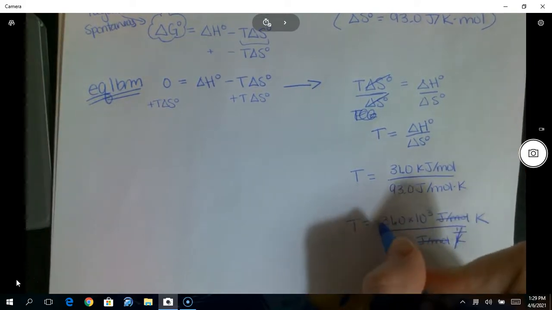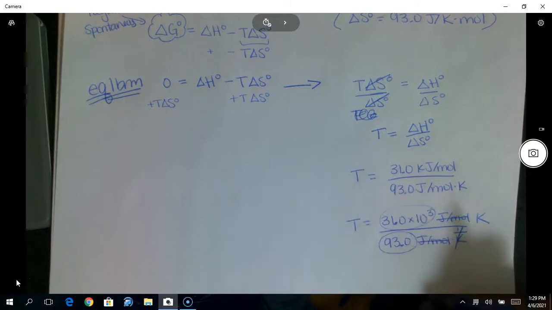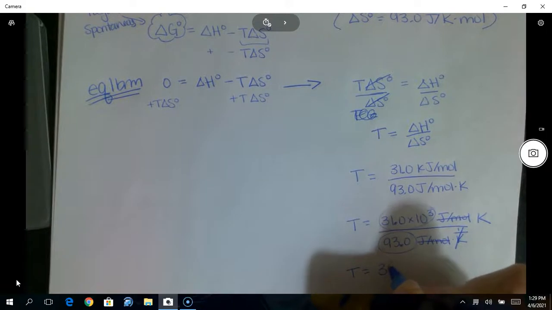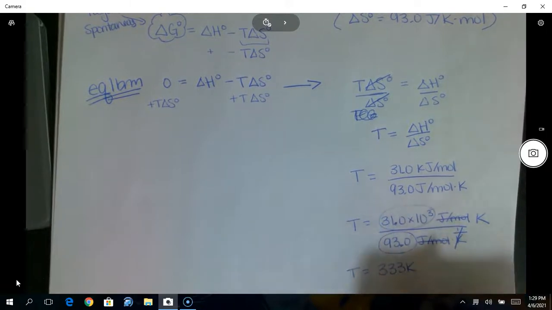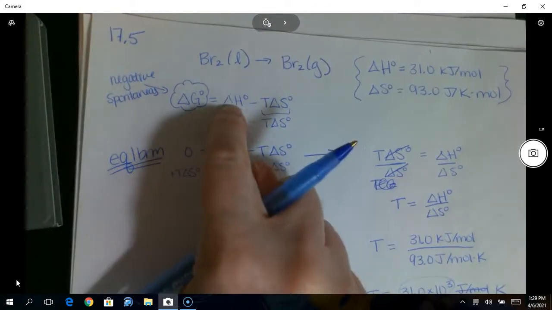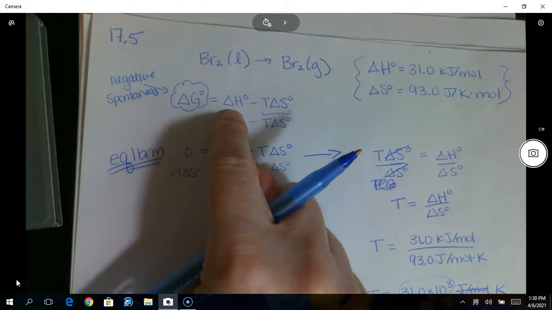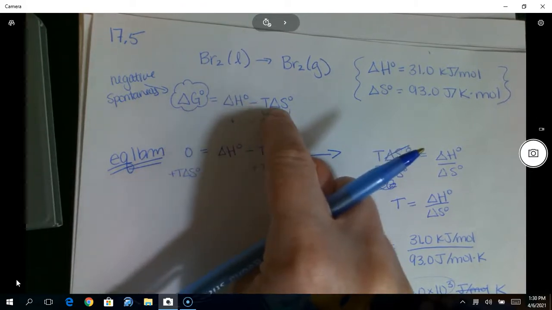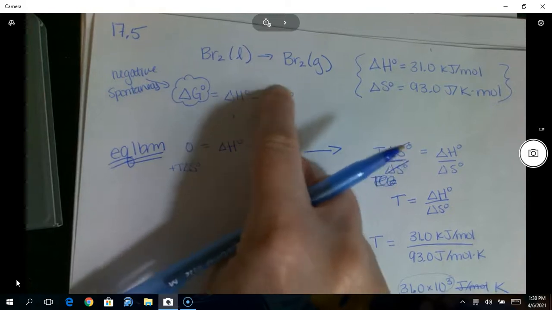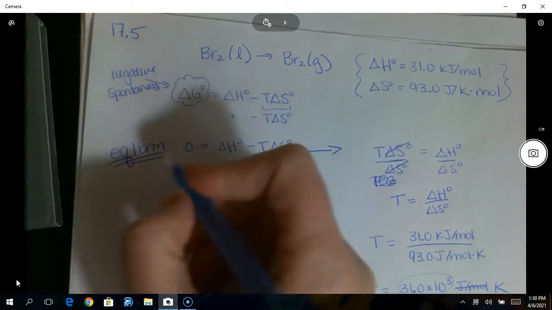So now I plug this into my calculator and this into my calculator. My temperature is going to be 333 kelvins. At 333 kelvins, my change in enthalpy is going to be equal to my temperature times change in entropy. But to make it spontaneous, I need this negative, which means this needs to be just a little bigger.